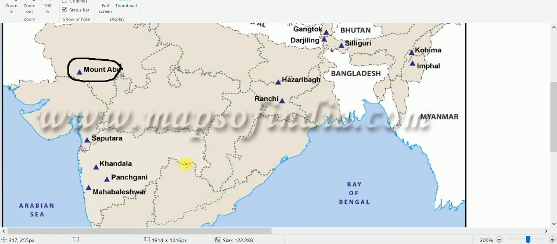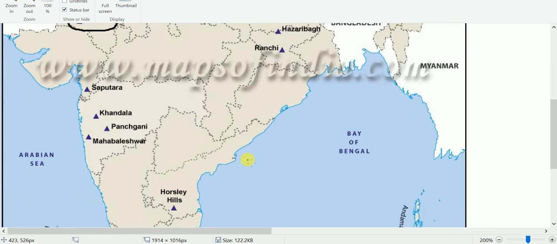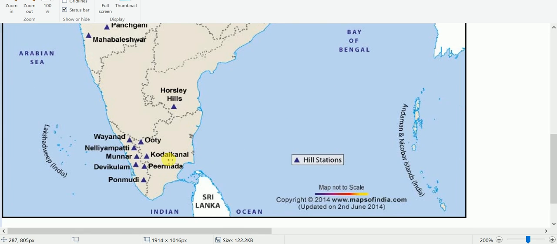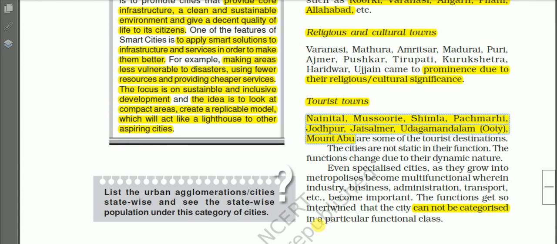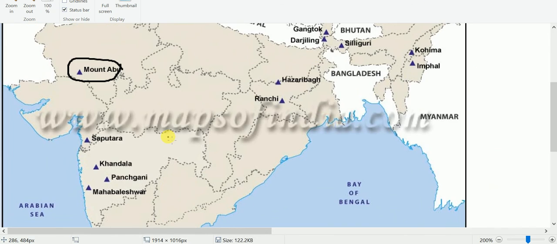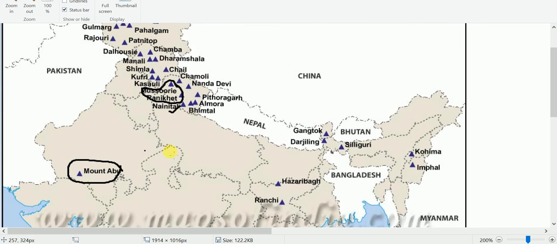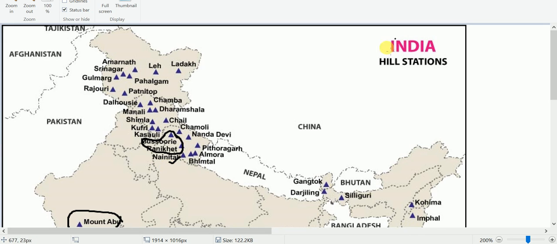And in other areas also. Here Ooty, Udagamandalam, as mentioned here in the book. And other places, Jodhpur, Jaisalmer, these are also in Rajasthan, although not indicated here, but in other maps it is indicated.